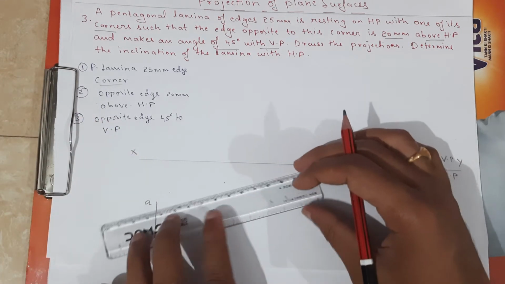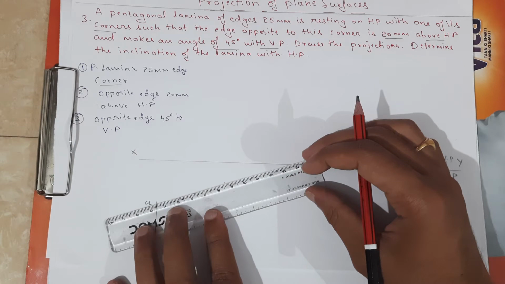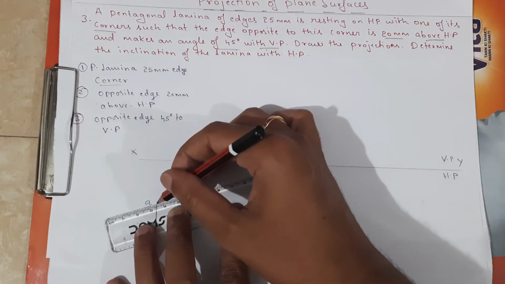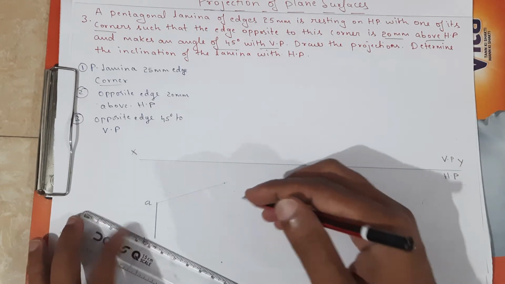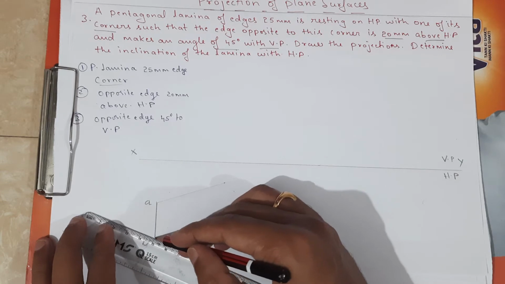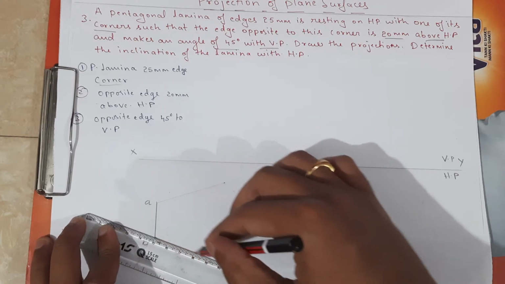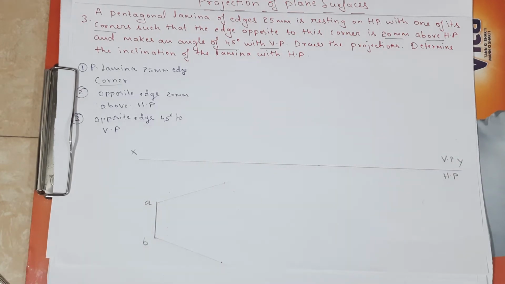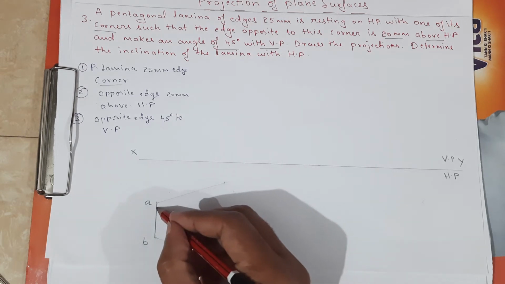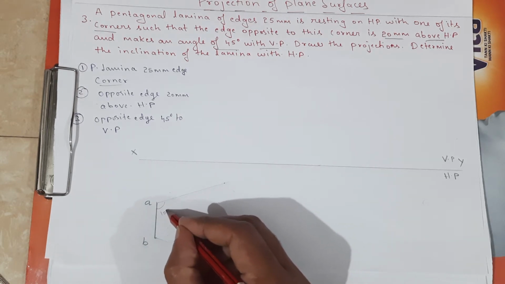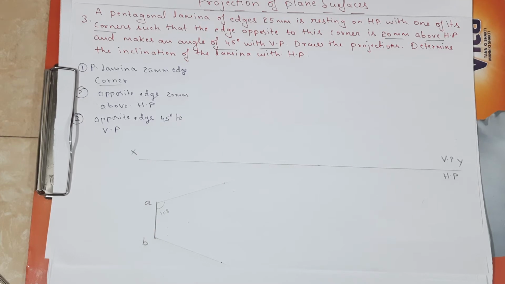I will tell you why it is 108: because the angle between the edges in the case of a pentagon is 108 degrees.